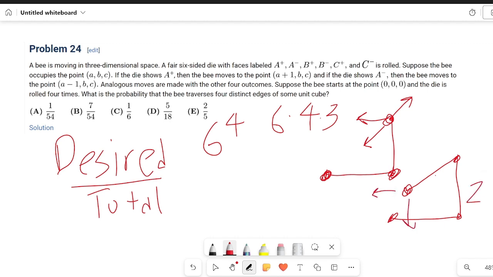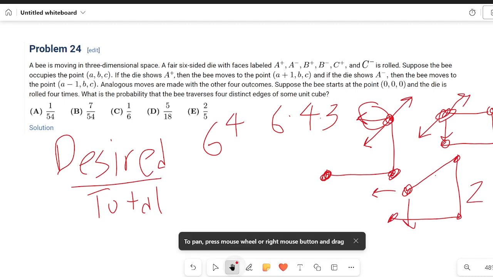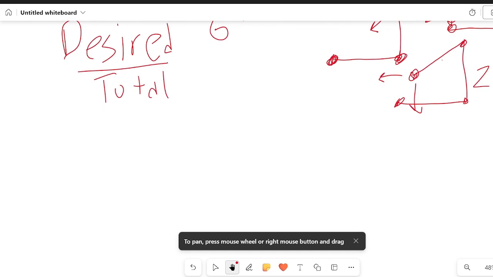So 2 combinations. However, if we go in this direction, now it still only maps out one face. So we can still go in 2 different cubes. Go in this direction, go this direction, or we can go down and complete the square. So we will actually have to split this up into cases.